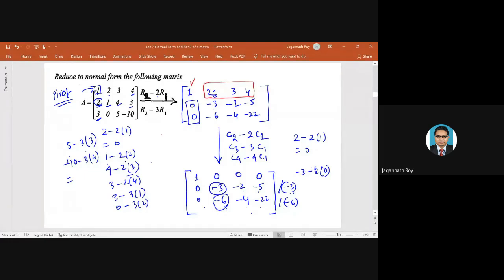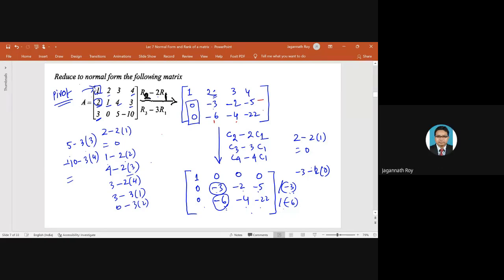Since 1 is here, our task will be easier, choosing the multipliers will be easy. So first column, then first row, and then again find out the pivot element. Then do the second column, then second row, then third column, then third row.